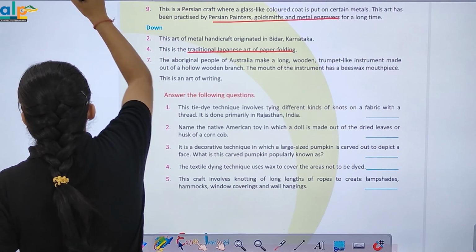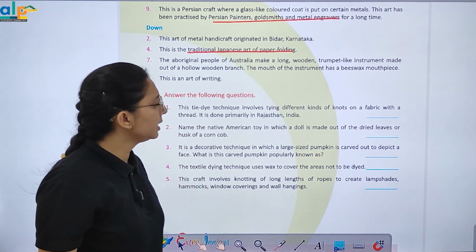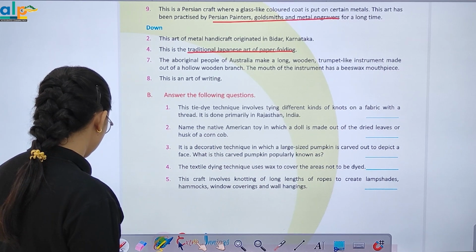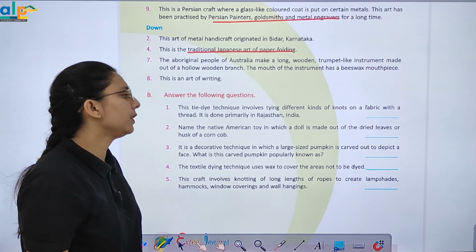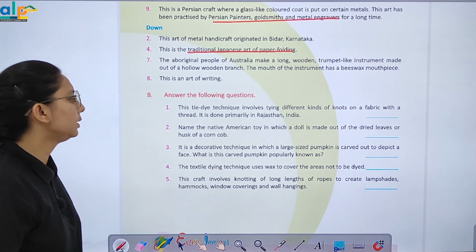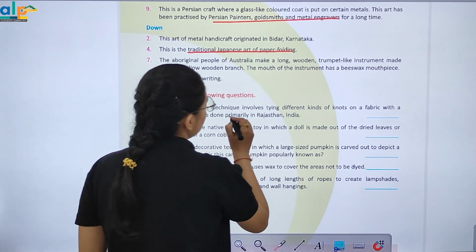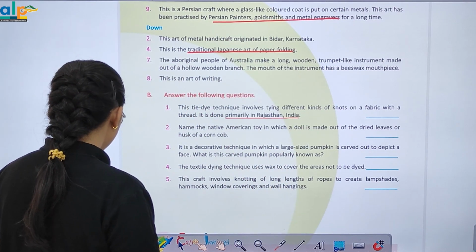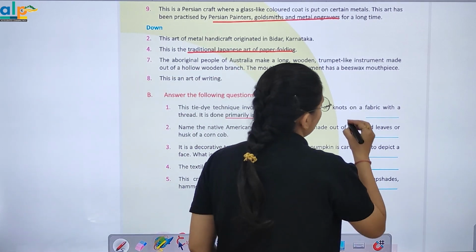First is, the tie and dye technique involves tying different kinds of knots on the fabric or thread. It is done primarily in Rajasthan. ये आपका ज्यादातर जो कहा होता है वो राजस्थान में होता है. That is known as Bandhani.